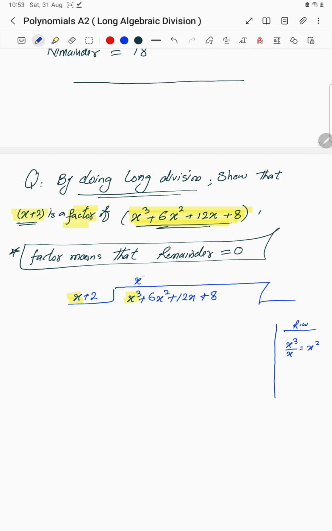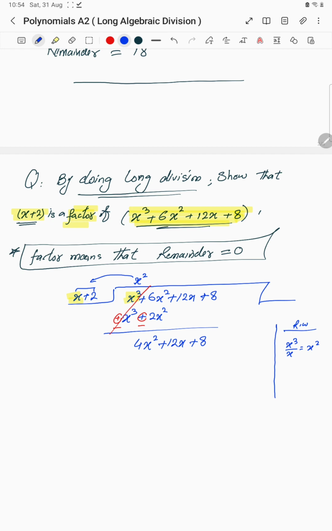Write x square in the answer, and multiply it with the entire divisor and write the result under the like terms. x square with x becomes x cube, and x square multiplied with 2 becomes 2x square. You change the sign. So what is left? 6x square minus 2x square becomes 4x square plus 12x plus 8.